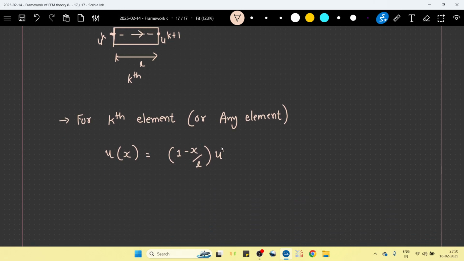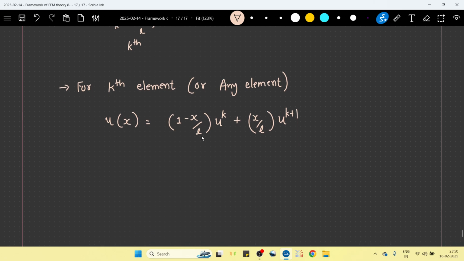So the solution will become (1 minus x by l) uk plus (x by l) uk plus 1. So this is now for any element, a general form, the general assumed solution we have written for any element.